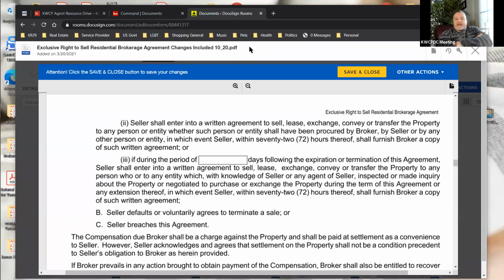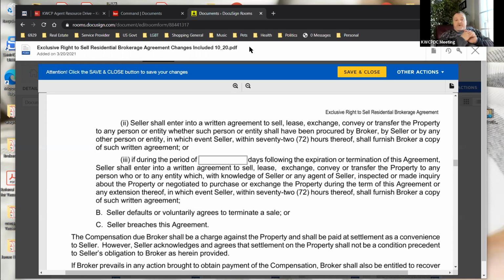Just keep in mind that there is a limit. I usually put 30 days, but that's a personal preference. Okay, thanks. Yep, you bet.